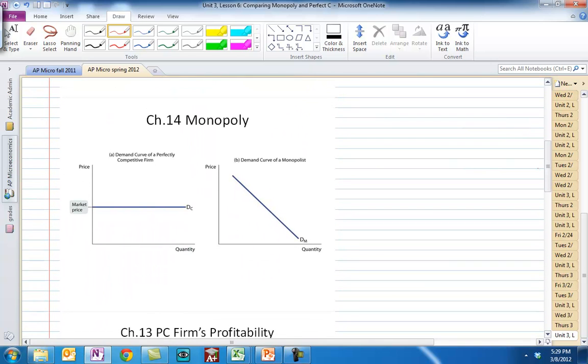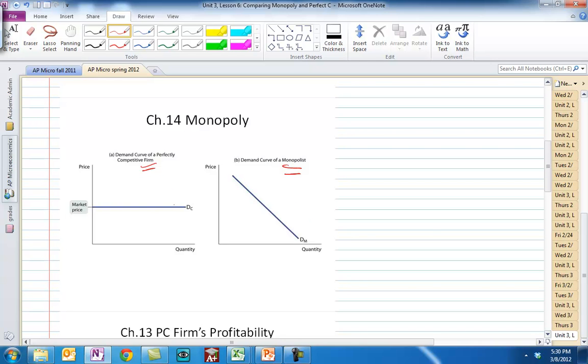First, let's look at a review slide where we compared the individual firm. For a perfectly competitive firm, they face a perfectly elastic demand curve, whereas the monopolist faces a downward sloping demand curve.